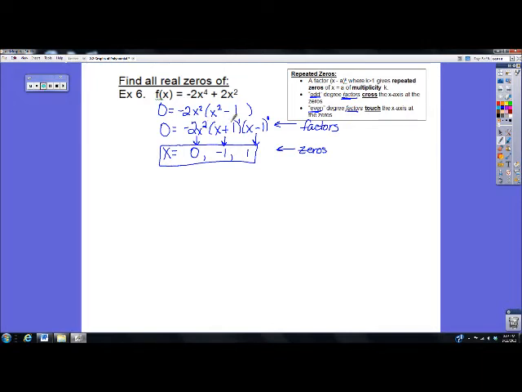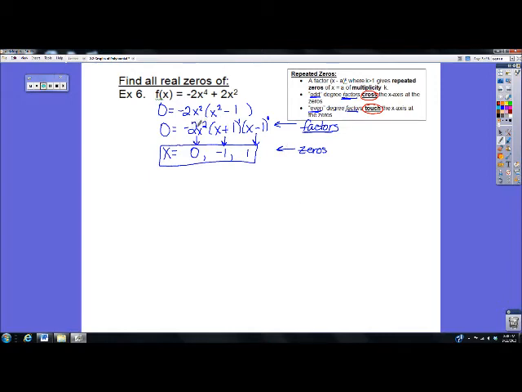Okay, so look at the degrees of your factors, because that's going to tell you something about these zeros, whether your graph is actually going to cross at the x-axis or whether it's just going to touch at the x-axis. So I want us to write those underneath our zeros, and then when I show you on the graph, I think it'll make more sense.